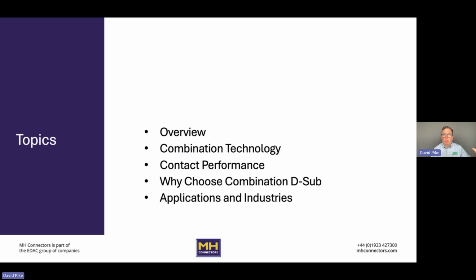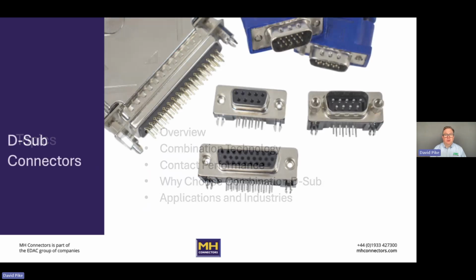It's all about what the contact is able to do in terms of current carrying capability, signal speed, things like that. We'll talk about why people should choose and why people continue to use combination D subs in the current connector marketplace. And then we'll talk something about applications and industries that are still using these things widespread. So we'll get straight onto it.